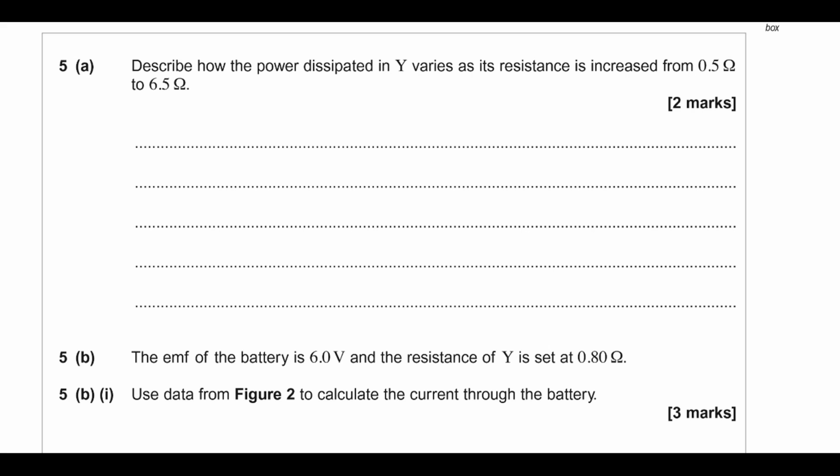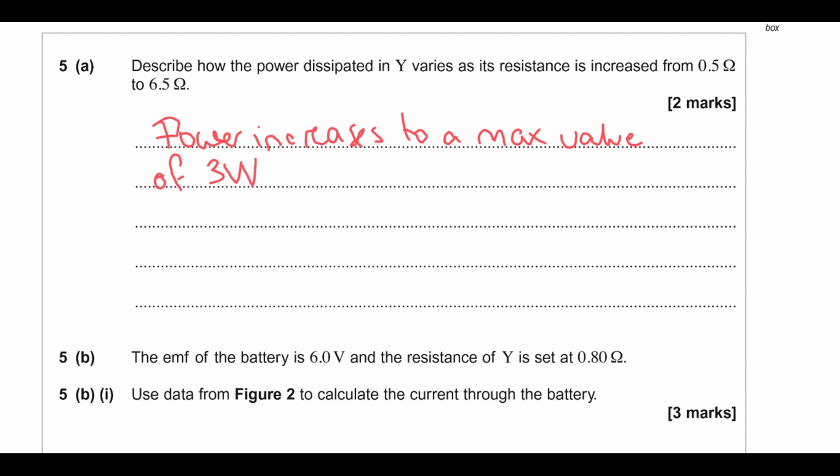Okay, so describe how the power dissipated in Y varies as the resistance is increased from 0.5 to 6.5. So the first thing that happens is power increases to a max value, and as I said, that's 3 watts at R equals 3 ohms.